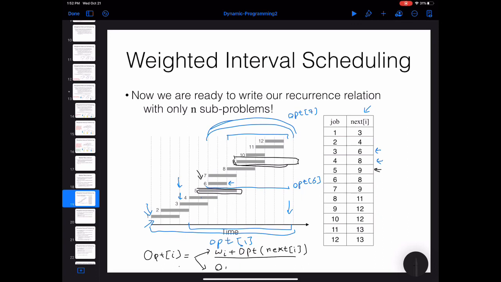So whatever is the optimal answer from 6 to the end. I just need to compare between these two. If this is larger, you take this one. If this is larger, you take this one. Simply, I am either going to take job i or I'm not going to take job i.